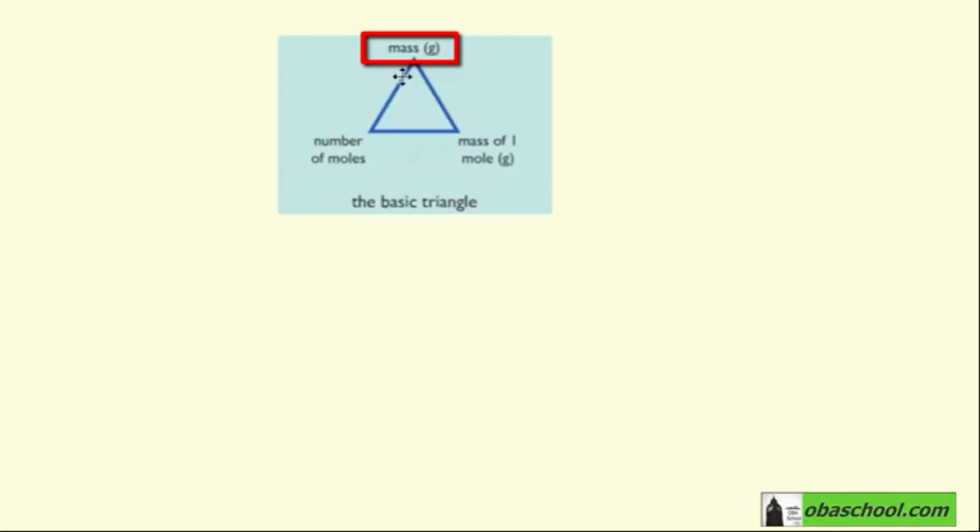We will hide the mass, and now we are left with the number of moles and mass of 1 mole. We will put times between them. So now mass equals number of moles times mass of 1 mole.